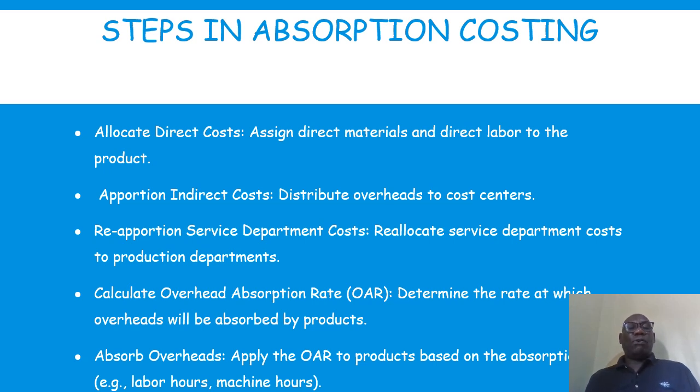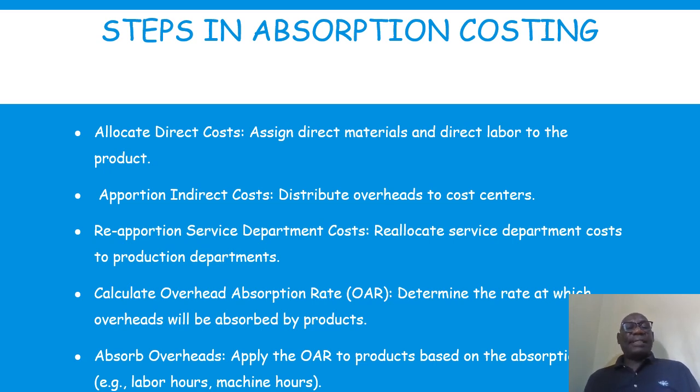Step number 4. Under step number 4, we need to calculate the overhead absorption rate. Under this step, we are being asked to determine the rate at which overheads are supposed to be absorbed by products. Remember, in order to come up with the OAR, I had actually given the formula which we can use in the previous slide.